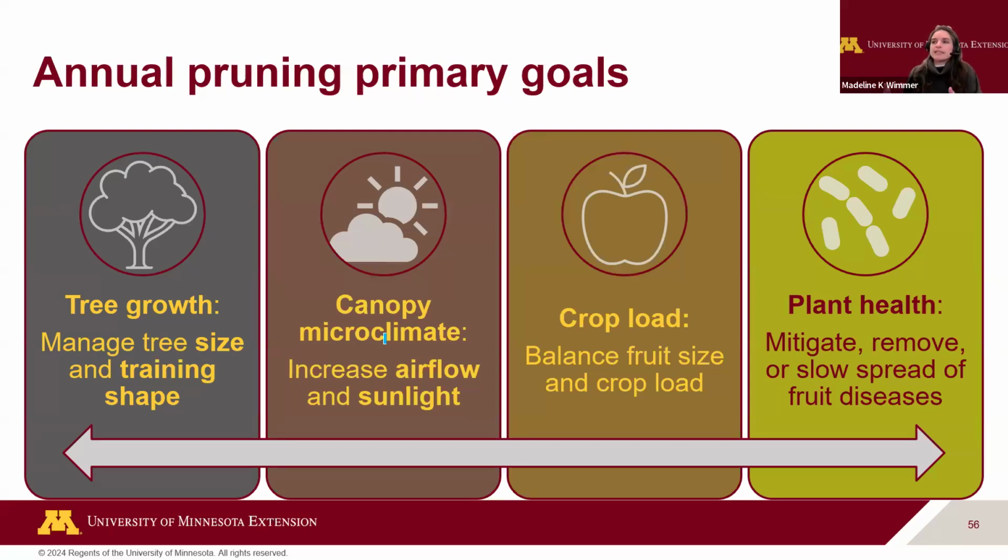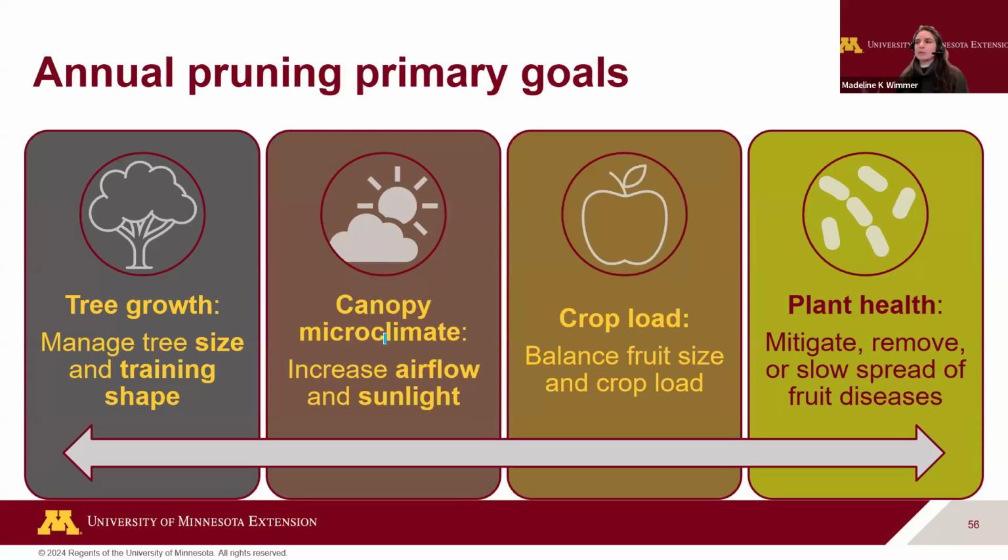And this influences pruning in general as we're removing branches that have fruit on them or fruiting buds on them. We are influencing the crop load. So that means that you're taking off a certain amount of fruit when you prune, and you just want to be aware of that, right? You're changing the vegetative and fruit balance on that tree. And all of this relates as well to plant health and thinking about diseases.